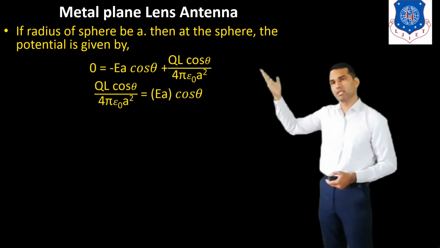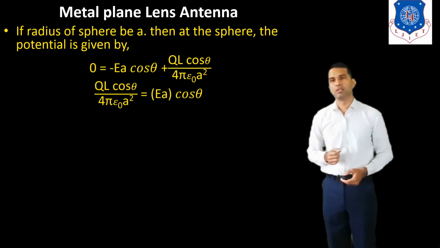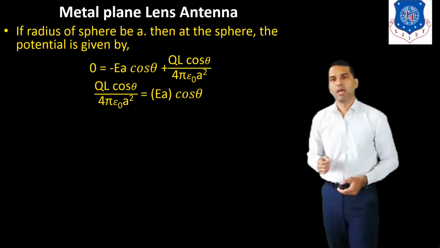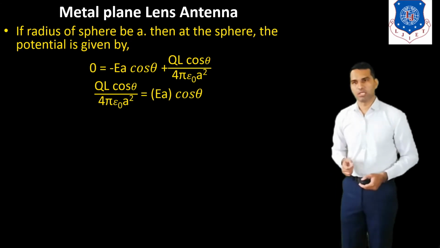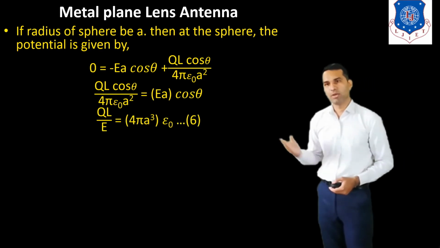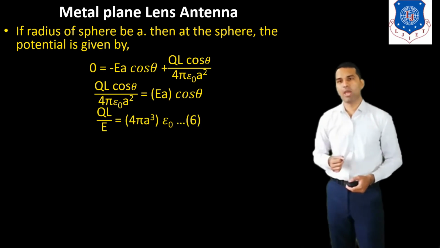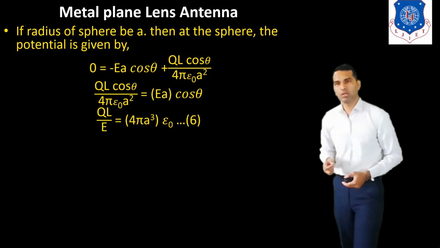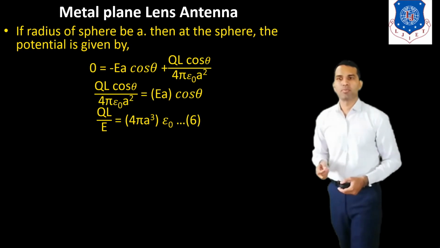Now we simplify this equation. We can write q l cos theta upon 4 pi epsilon 0 a square equals E a cos theta. When we simplify this, q l upon E equals 4 pi a cube into epsilon 0.